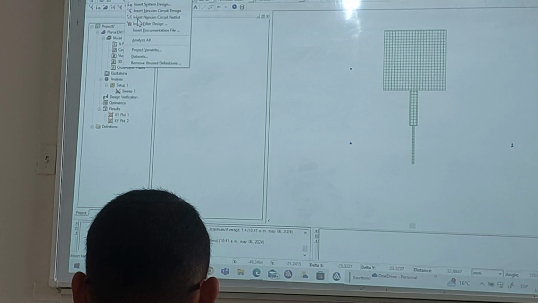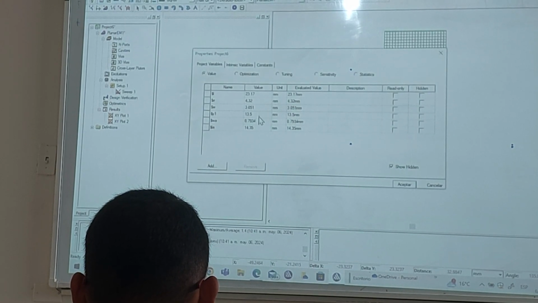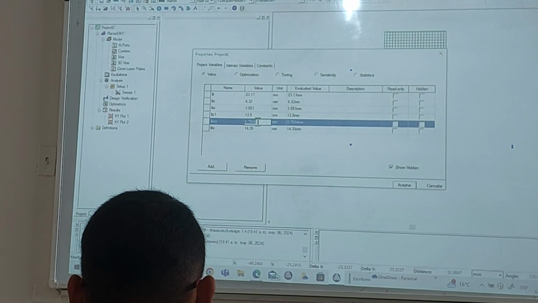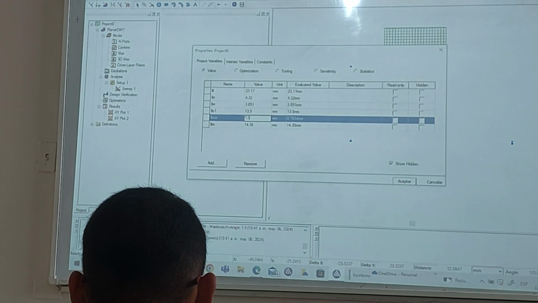But we need to change the dimension because now we have 3.5.